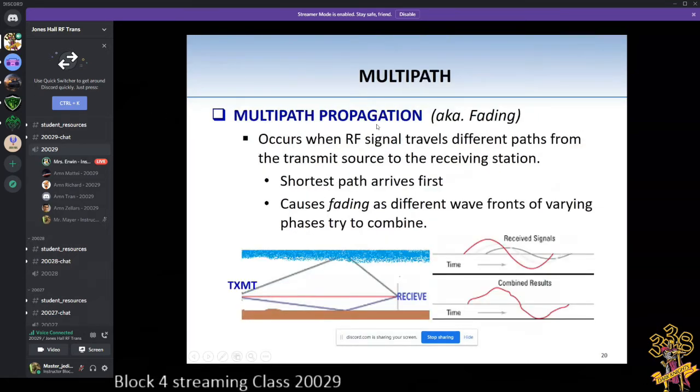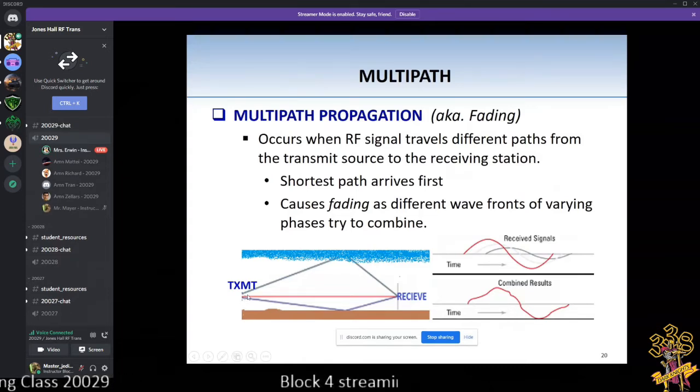Multi-path propagation, talking about your signal taking multiple paths between your transmitting antenna and your receiving antenna. It creates what we call fading. It occurs when your RF signal leaves your transmit antenna and it doesn't all follow one straight path to the receiving antenna.